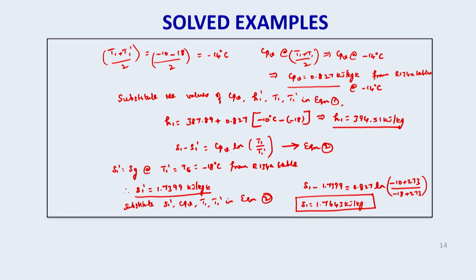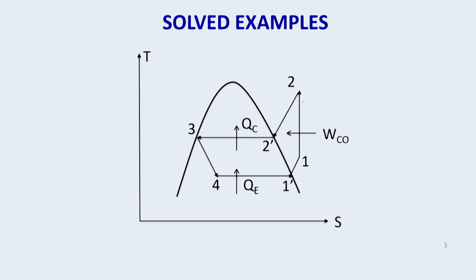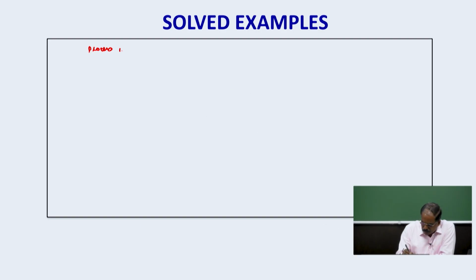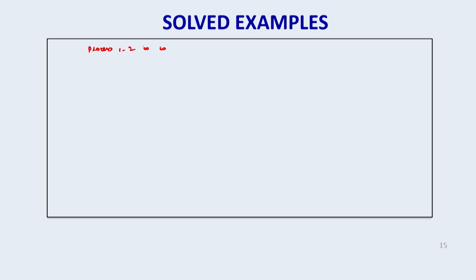Now we know that process 1 to 2 is an isentropic process, 1 to 2 is isentropic compression. So we can write S1 is equal to S2.